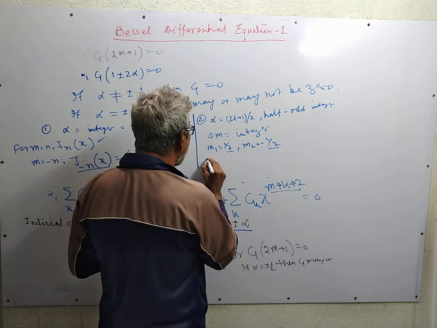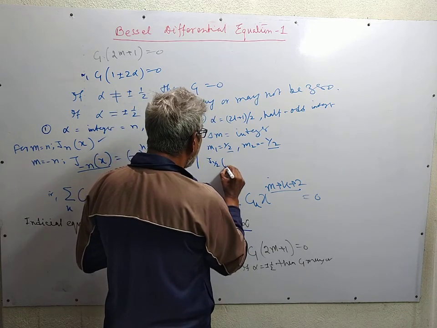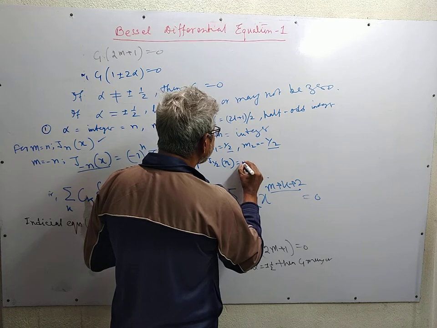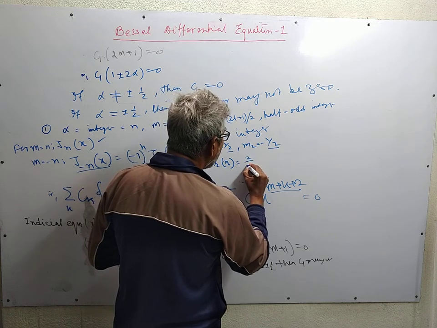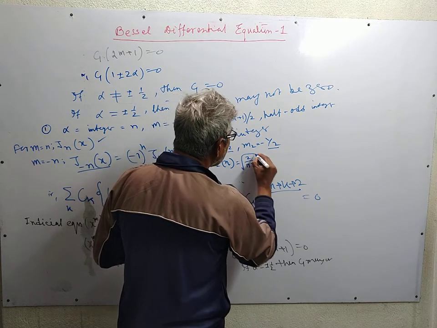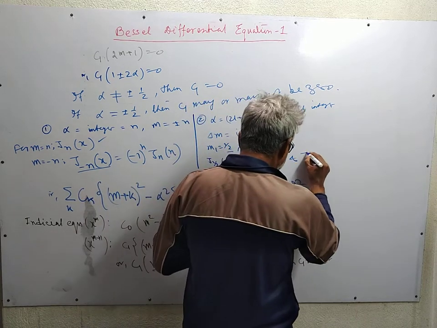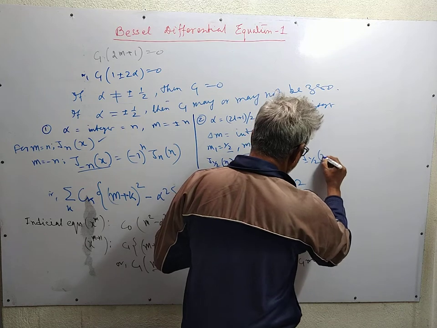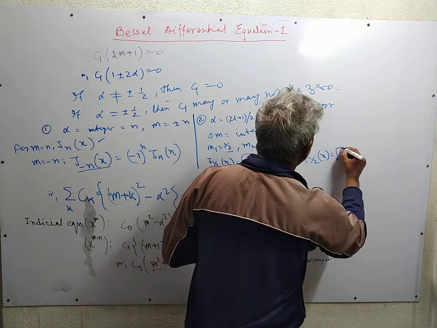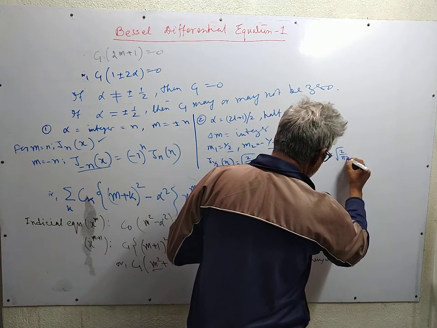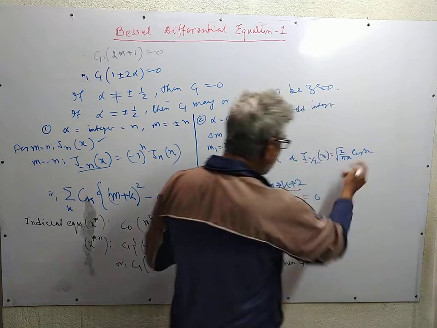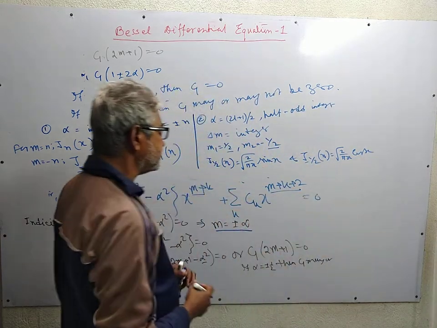But in this case, we find that J of half x is the square root of 2 by pi x times sine x, and J of minus half of x we shall prove afterwards. So they are linearly independent solutions.